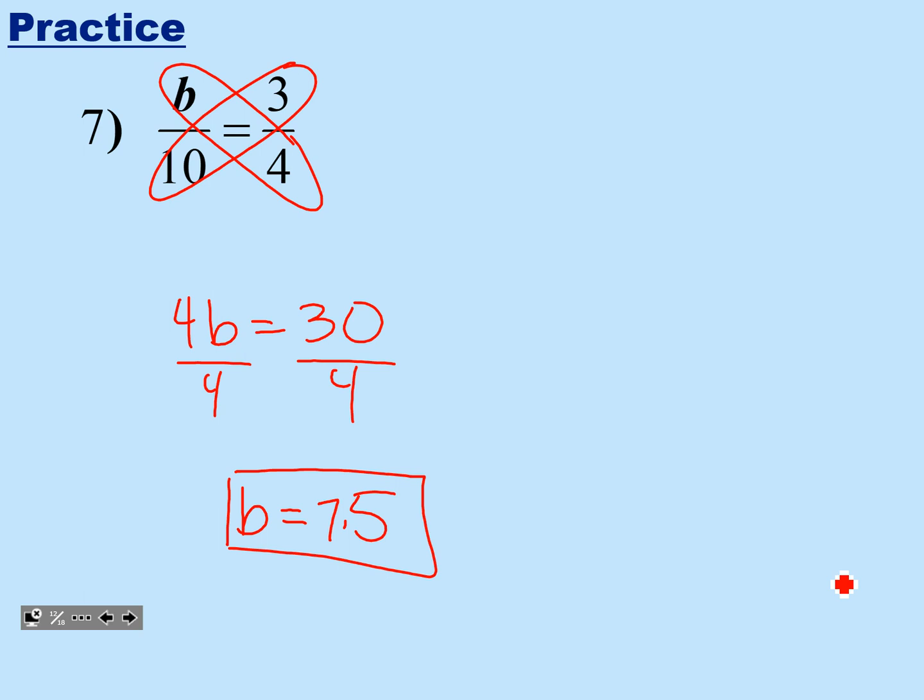Okay, the last problem that we're going to be doing is number 8. We're going to do the exact same thing. Do this on your own first. Please press pause now. So I'm going to approach this now by seeing if I can simplify my fractions, my ratios. I can't.